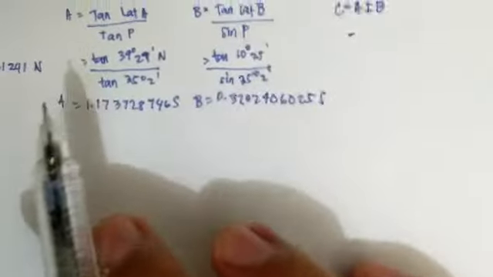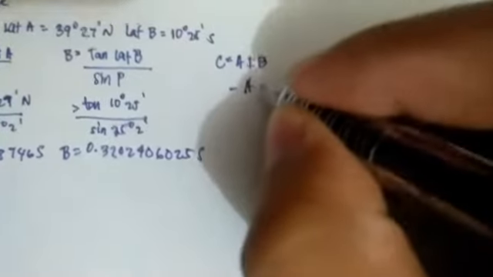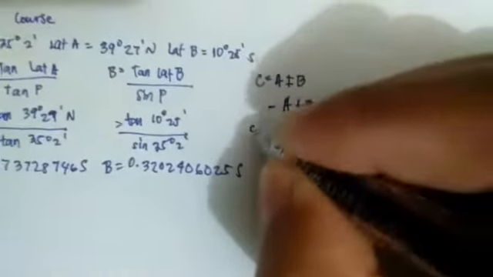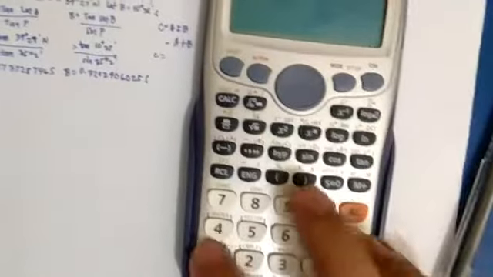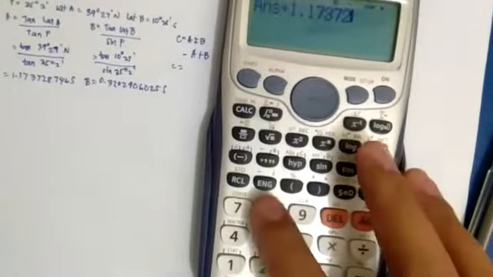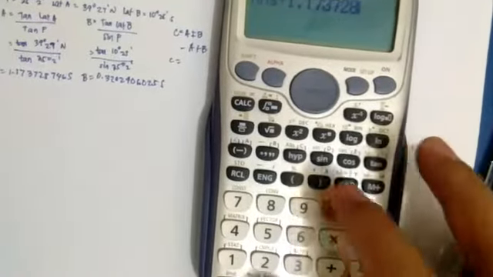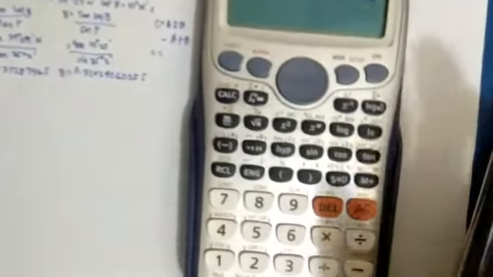Since our final course A and B have the same name, which is south, we need to add A plus B. So our C is, we need to add our A, which is 1.173728746.